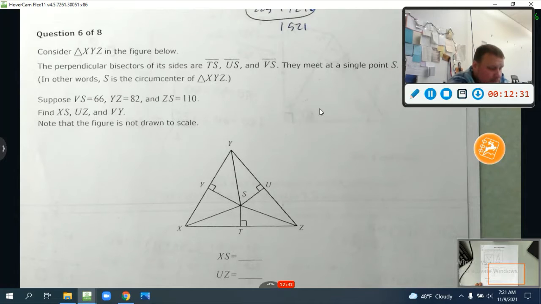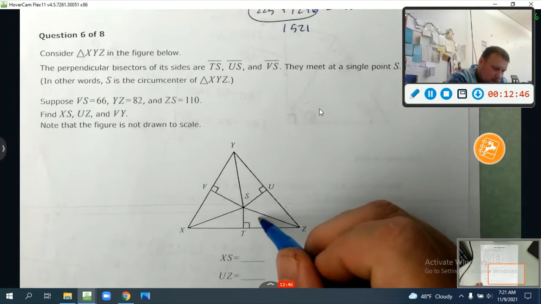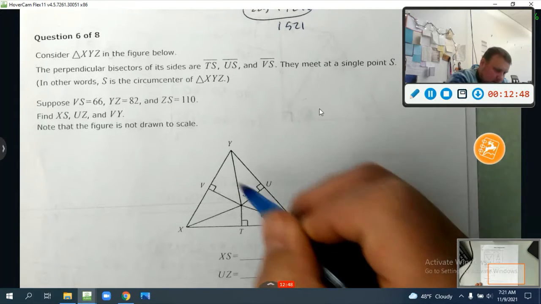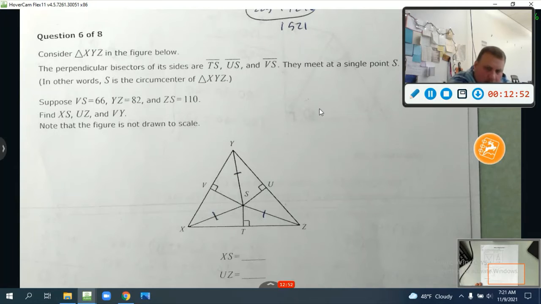So I recommend it. It says, consider the triangle XYZ in the figure below. The perpendicular bisectors of the sides are TS, US, and VS. They meet at a single point S. In other words, S is the circumcenter, right? That means if it's the circumcenter, I know that SZ, SY, and SX are all the same length.